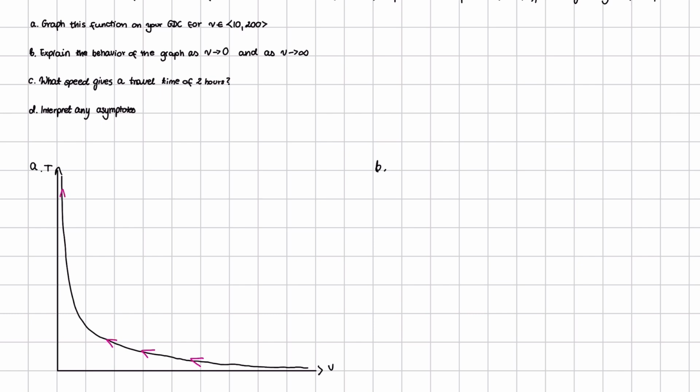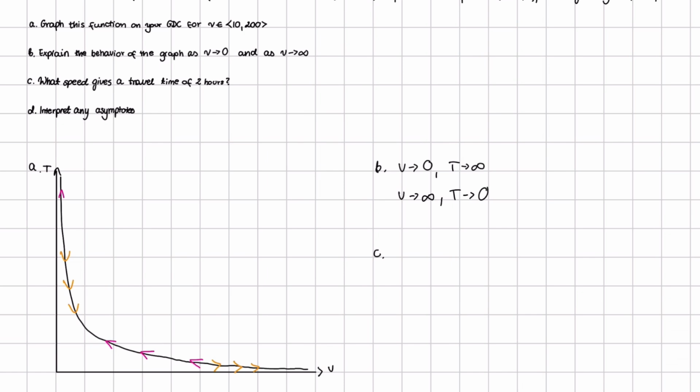So when v goes to 0, t goes to infinity. On the other hand, when v goes to infinity, our t goes to 0. So v goes to infinity, t goes to 0.